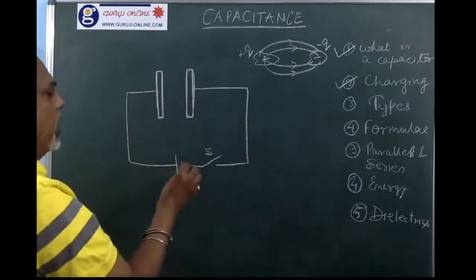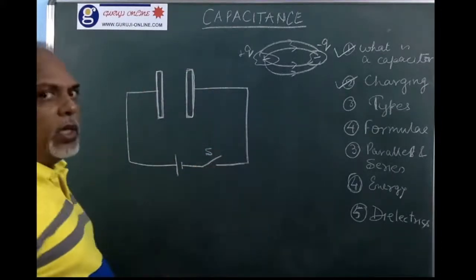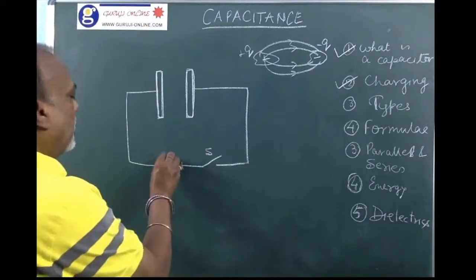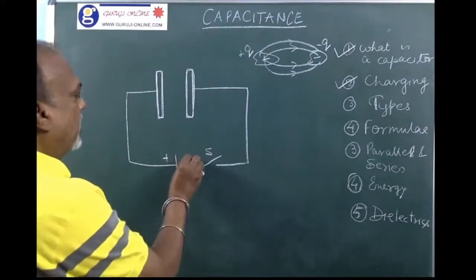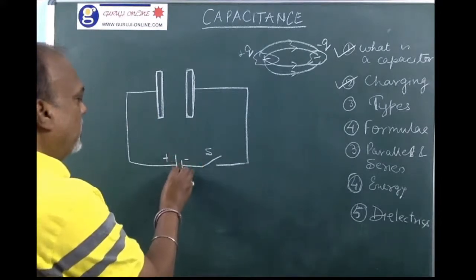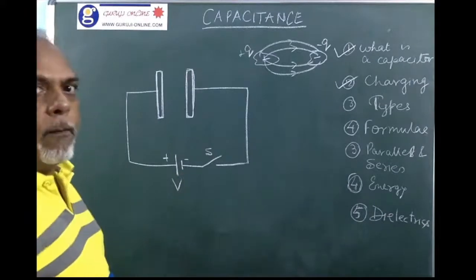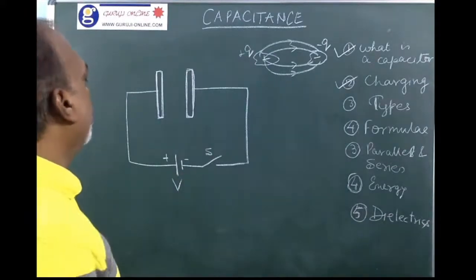They are joined with a battery with a switch. This is the plus sign, this is minus, this is the battery's terminal. This is having the voltage of V.